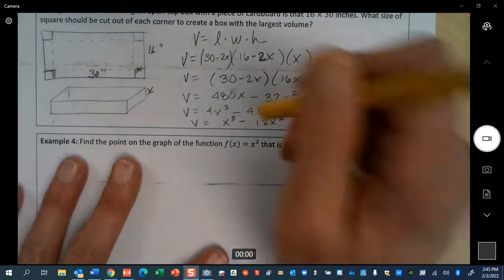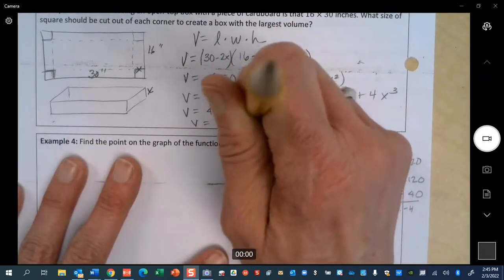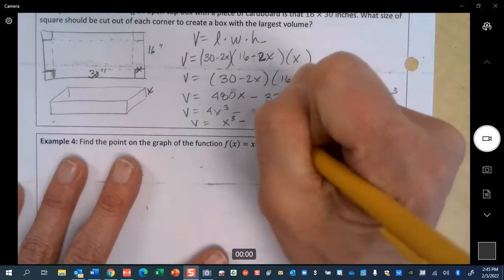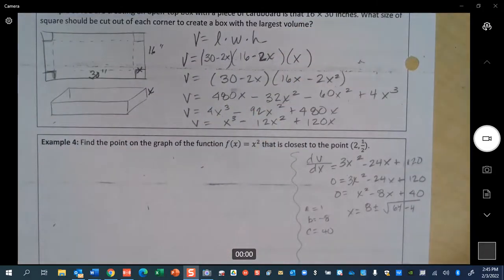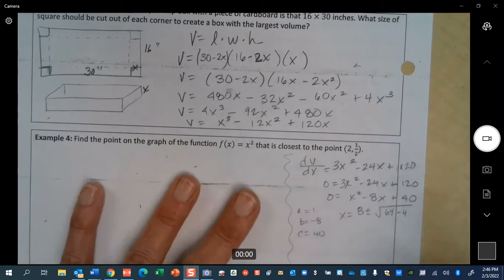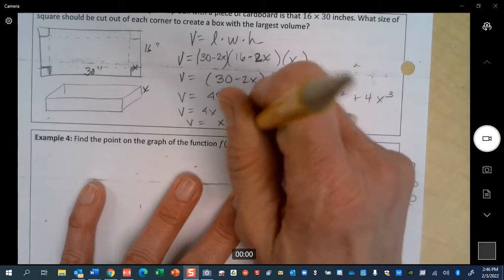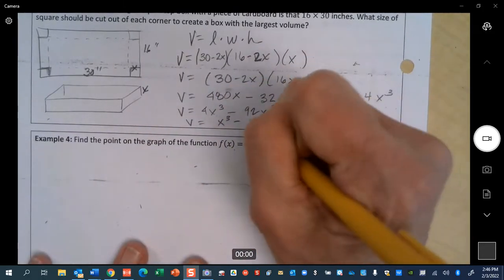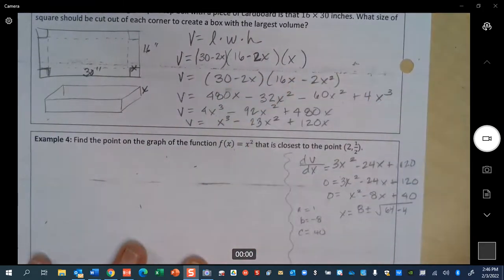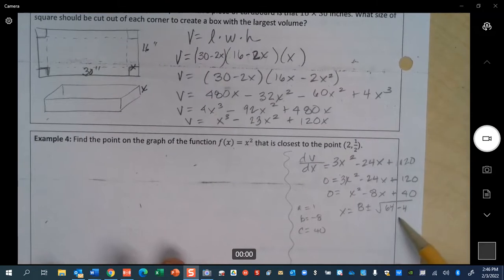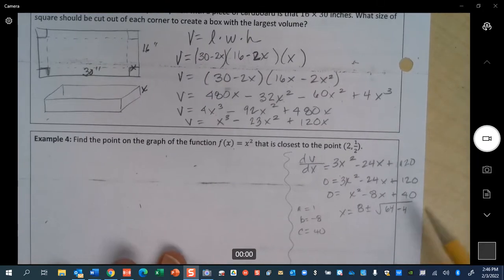What's that? 92? 92x squared. If I divided that by 4, that brings us down to 23. Because I can't have a negative number under here. That's how I knew I screwed up.